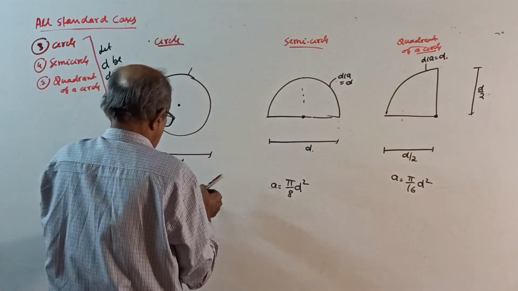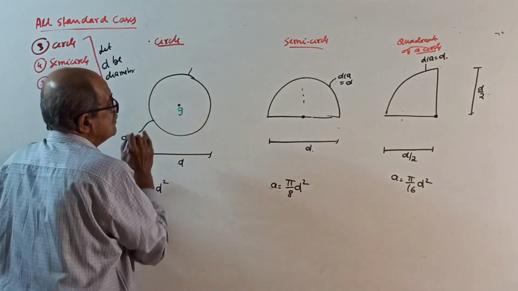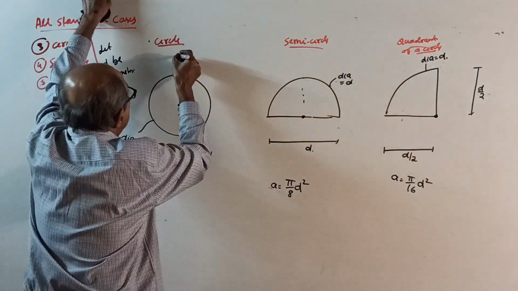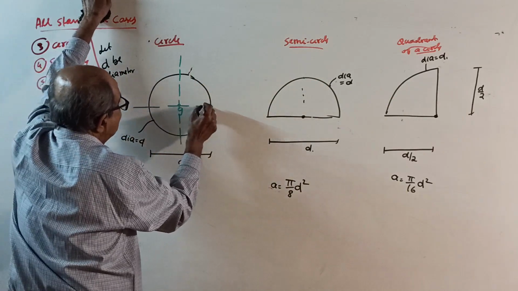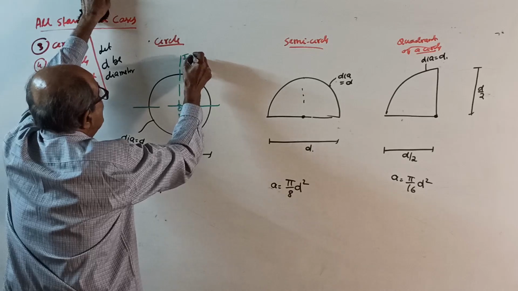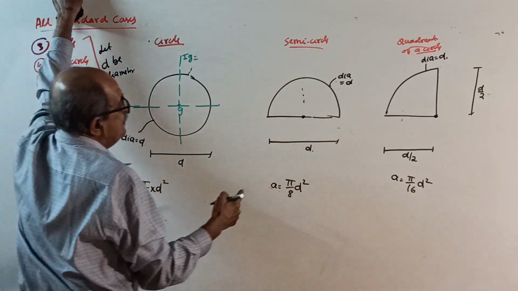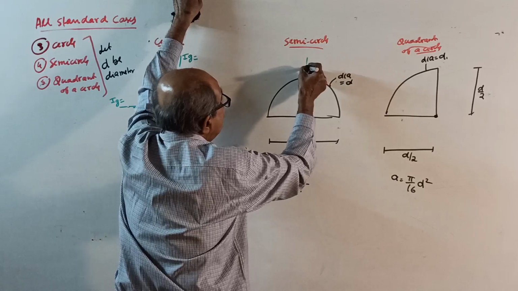Centroid. For a circle, the centroid coincides with the center. Semicircle, see the two axes here, centroidal axes, directly. I want this IG and I want this IG. Here, this is the axis of symmetry.